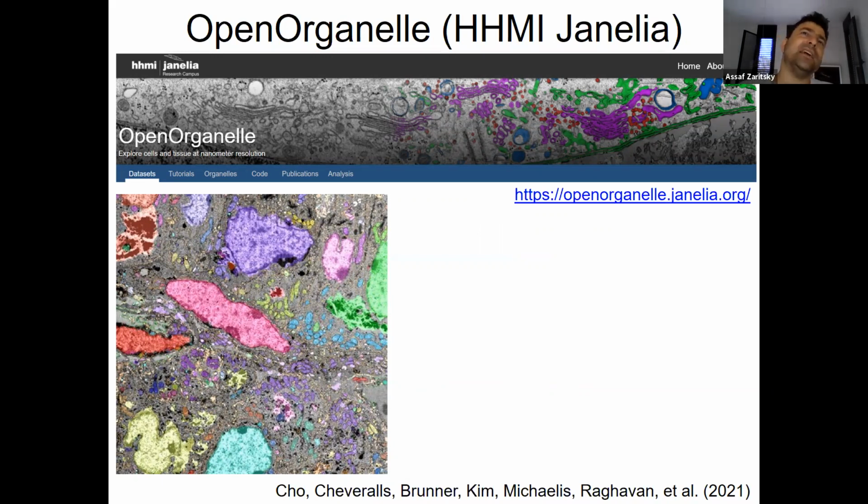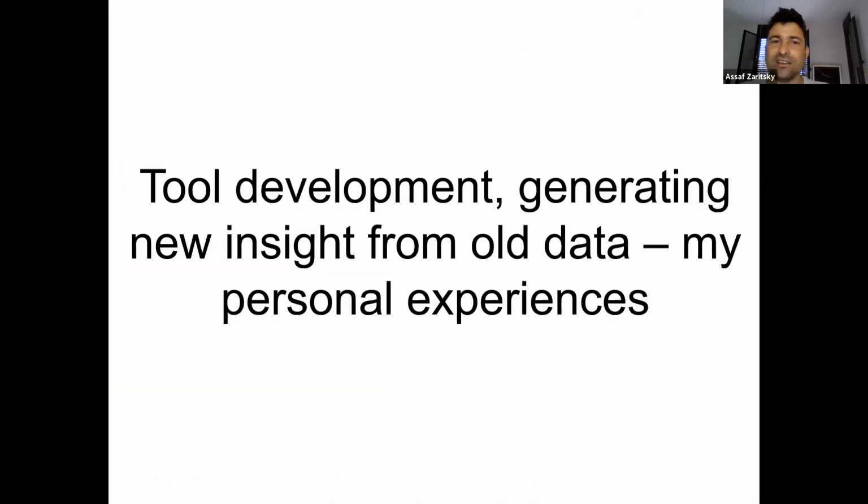They trained networks to identify the different organelles within EM data. It's very powerful because in one image you can see all the structures, and you get resolutions that you are not going to get with the light microscope. The problem is that you cannot do live imaging, you cannot do dynamics, but this is fantastic.